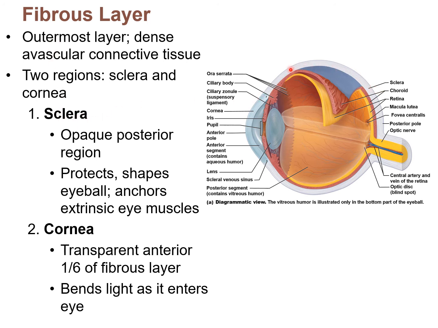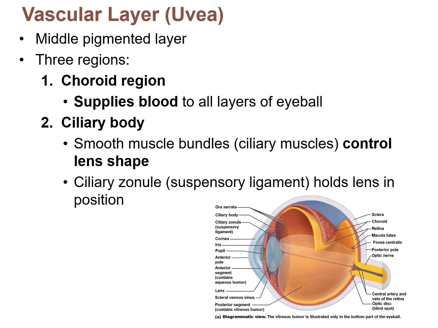And then the sclera at the anterior portion of the eye is transparent, see-through. Well, that region of the fibrous layer that's transparent and domes out some from the sclera, that's called the cornea. So the cornea is the transparent one-sixth of the eye, but the entire rest of the fibrous layer is the sclera.